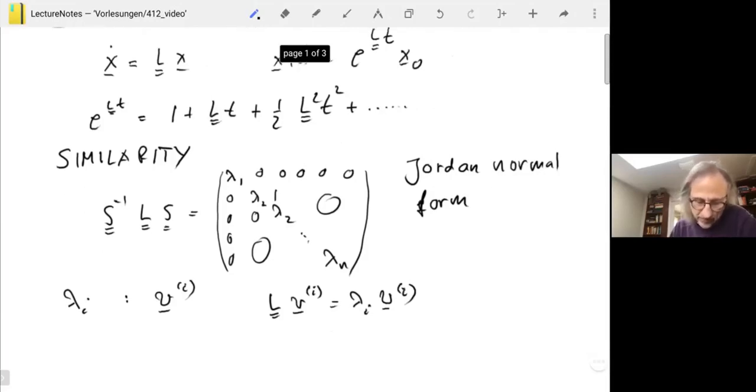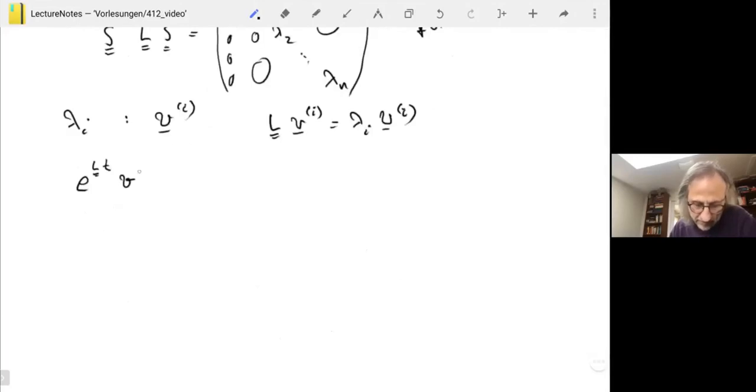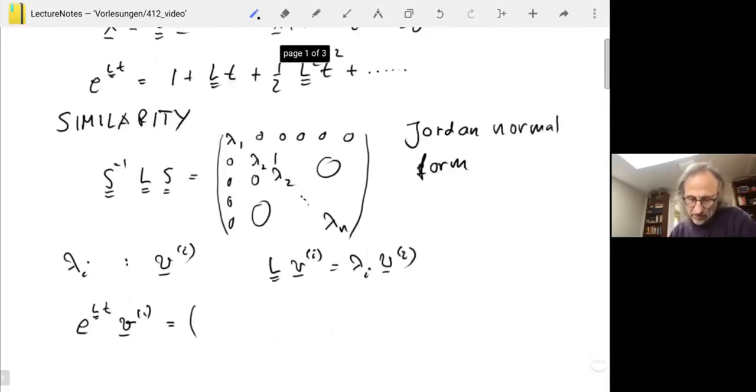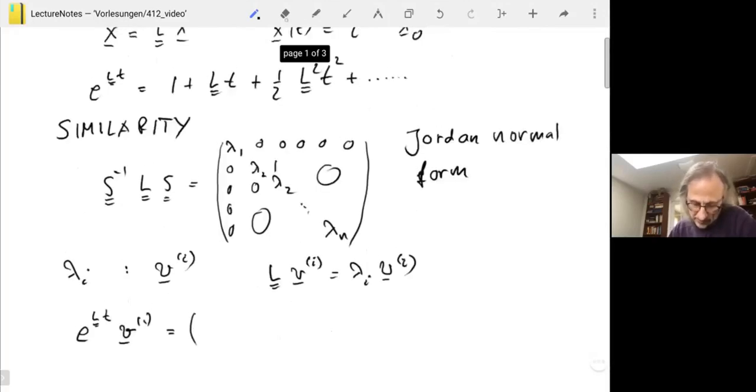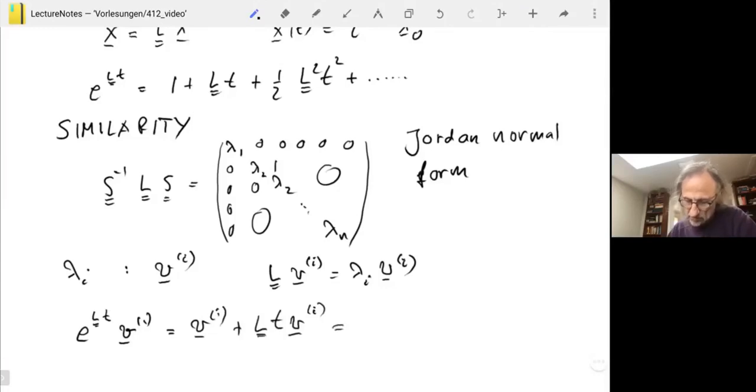In terms of the exponential, we can also calculate simply what e to the L t of Vi is. We can plug it in directly, we don't have to multiply out. So this is going to be Vi plus L t Vi plus 1/2 L squared t squared Vi and so on.